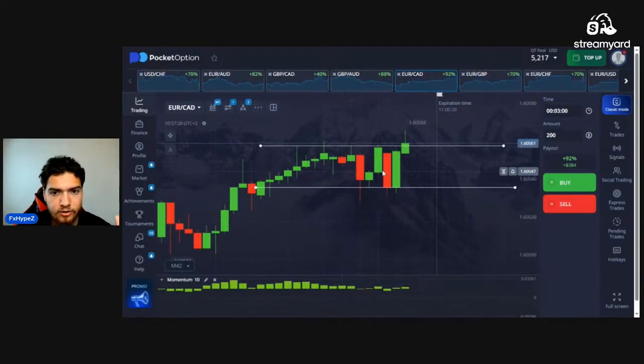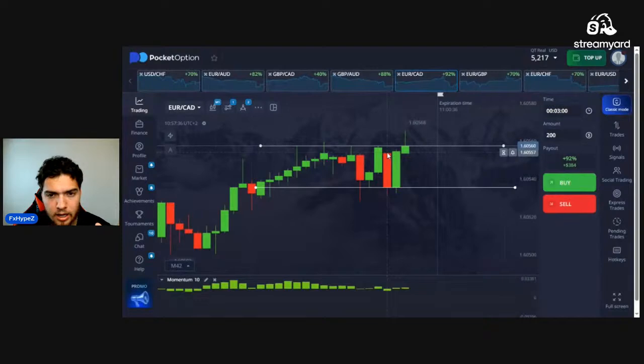And EuroCAD is busy breaking out to the upside. We did get a break of resistance right here, but I want to see something a little more convincing. Once we keep pushing up a little higher, I might just look for a 3-minute buy position.